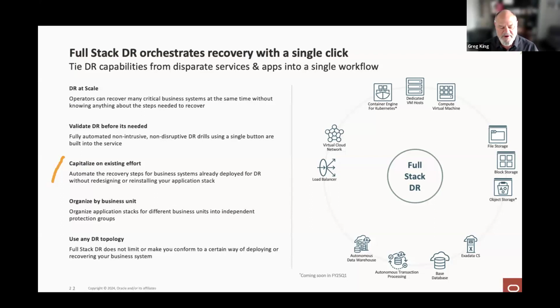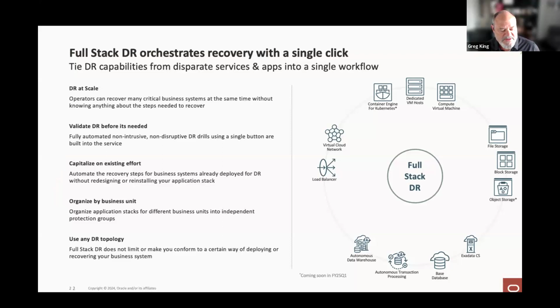If you've already deployed your applications for DR and it takes you 4 to 6 hours to get it done, and you're tired of putting all that effort into doing a switchover or testing or whatever you're trying to do, you can probably incorporate it into full stack DR, because it has an extensible framework, which makes it fully customizable. So you can do almost anything with full stack DR. You can just add it into a DR plan. So no throwing away existing effort.